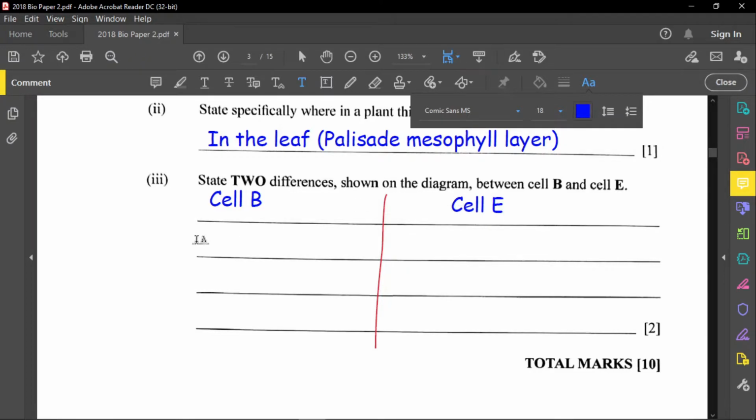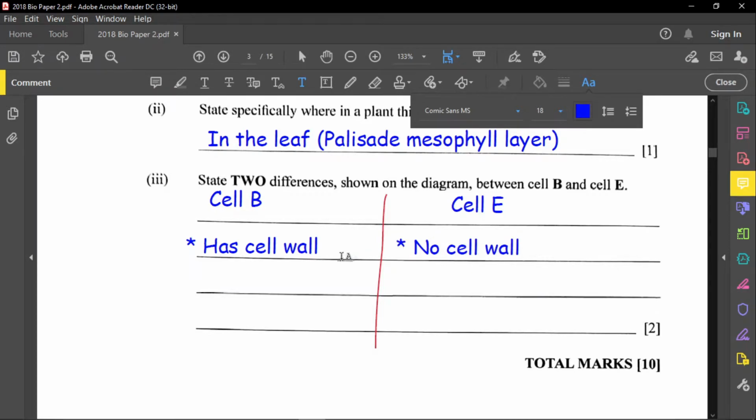Here, cell B, which is the plant cell, has a cell wall. So one difference: cell B has a cell wall, and for cell E there is no cell wall.